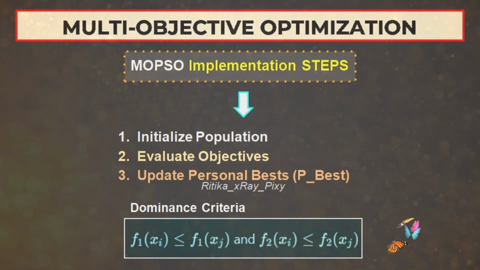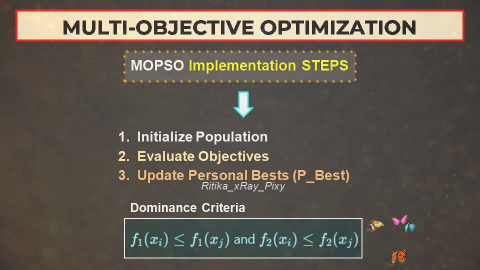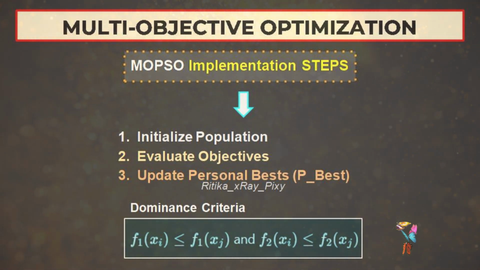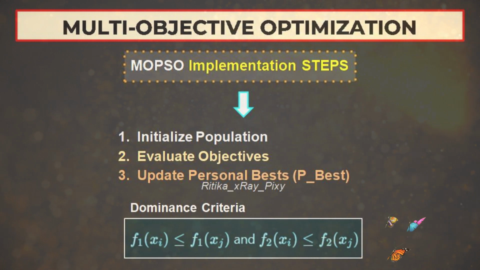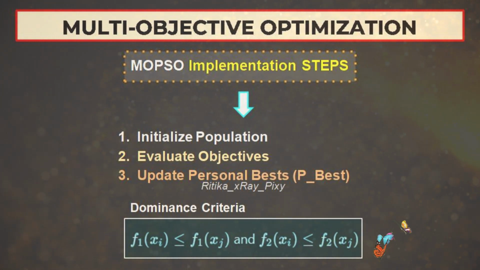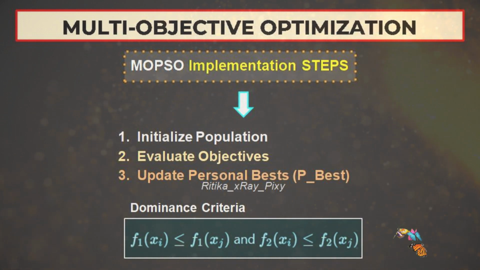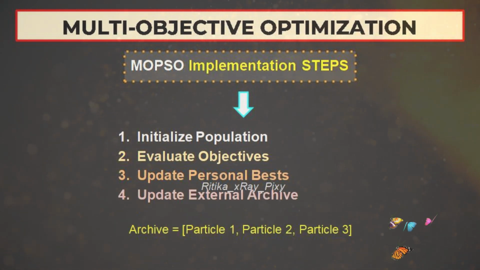So this dominance criteria should be satisfied. Then we will update the personal best. If the current position of xi dominates the personal best position, then update the personal best of i to the current position of xi. After that, we will update the external archive.